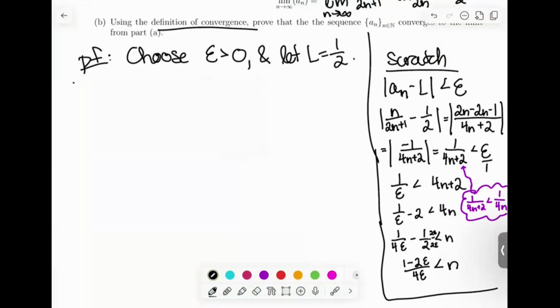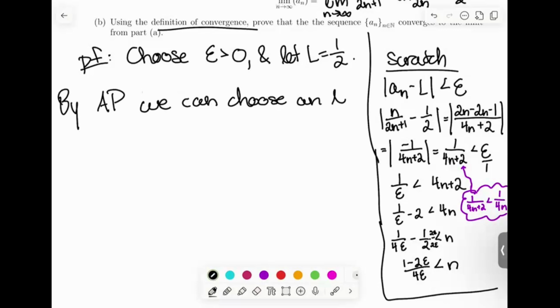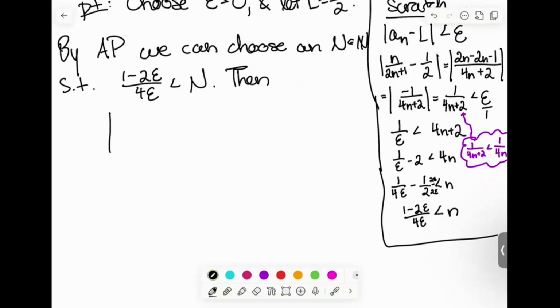So since epsilon is a real number, then by the Archimedean property, we can choose capital N in the naturals such that 1 minus 2 epsilon over 4 epsilon is less than capital N. Then our absolute value of a sub capital N minus L is equal to 1 over 4 capital N plus 2, by scratch.